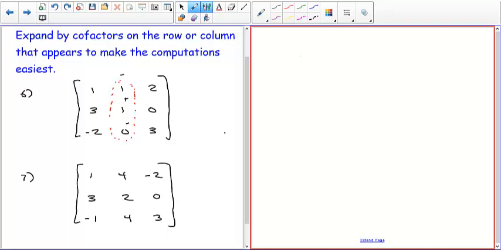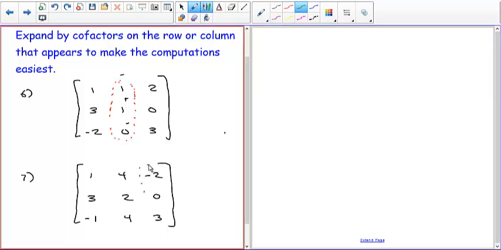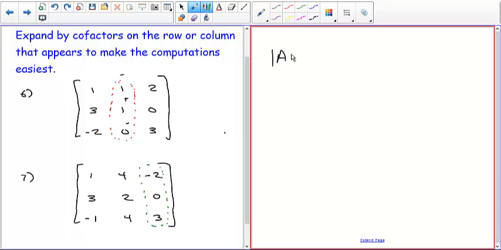So you can see what I do is I could either choose row 2 or column 3. So let's just choose column 3. The reason I choose that is because there's a 0 either in column 3 or row 2. So we're going to start here at the top. So the determinant of this matrix A, we have plus, minus, plus.